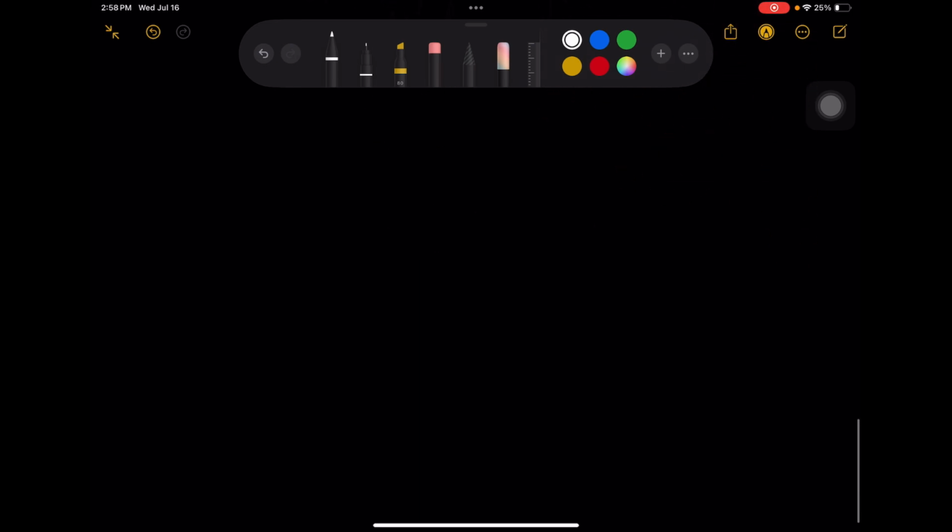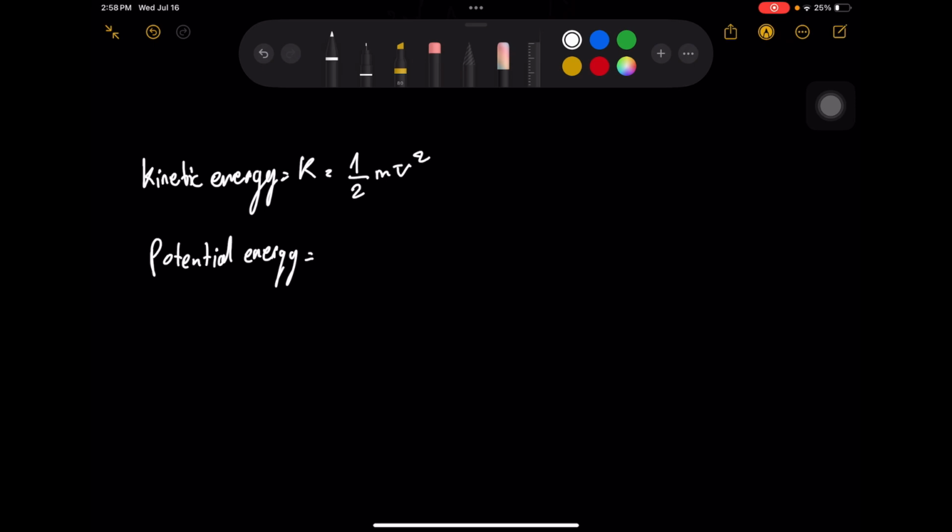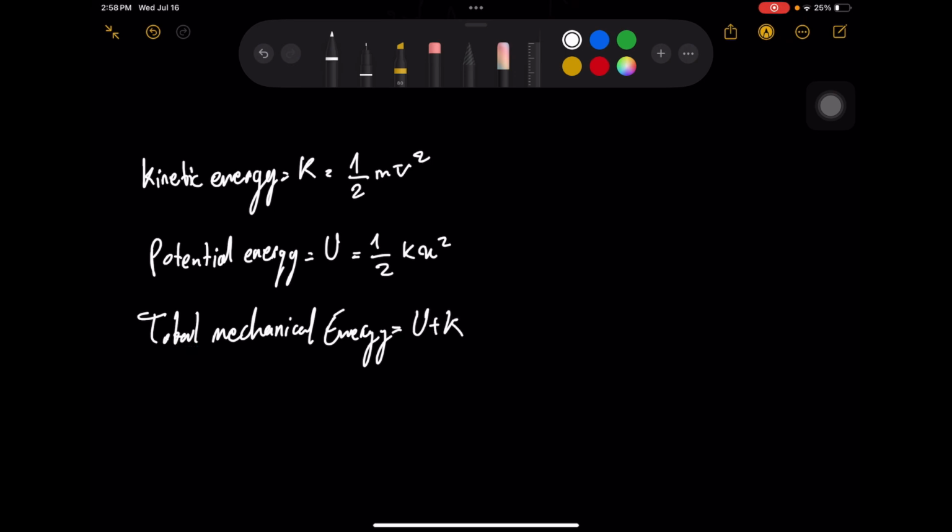If you remember, the kinetic energy formula is K equals half mv squared, and the potential energy in the spring is U equals half kx squared. And the total mechanical energy equals U plus K.